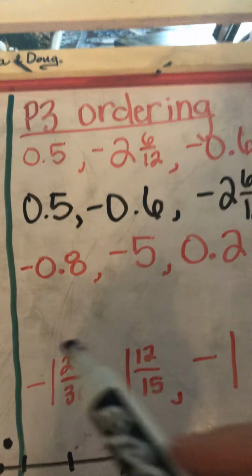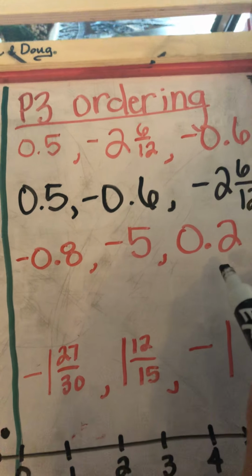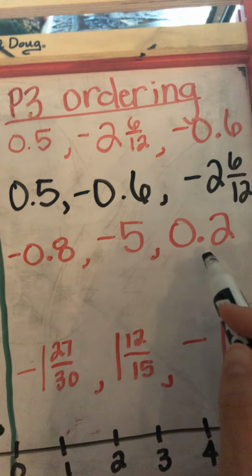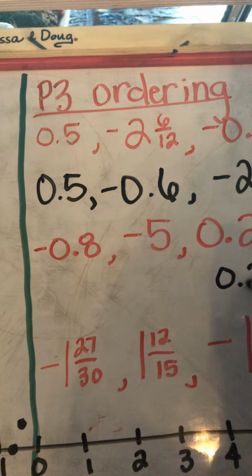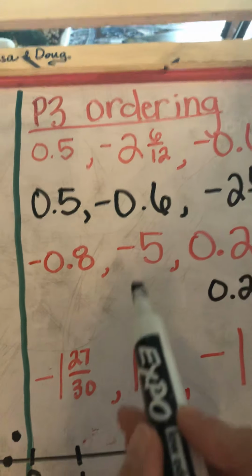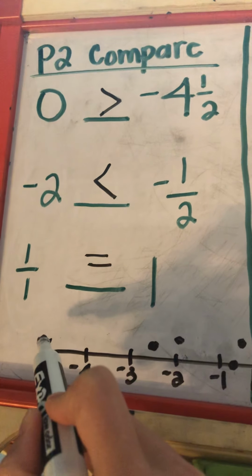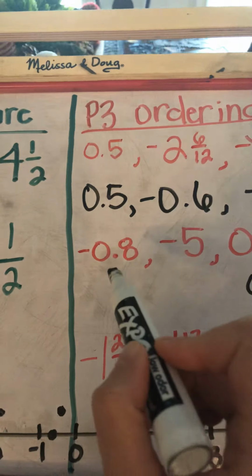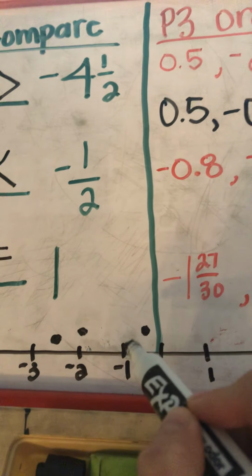So I have them ordered from greatest to least. Okay? All right, let's look at these three. Let's go from least to greatest now. So I know my negatives are going to be smaller than my positives, and I've got one positive right here, so I know I'm going from least to greatest, and this is going to be my greatest. So I've got a negative 5, which is all the way over here on my number line, and then negative 0.8, which is not even negative 1 yet, which is right here.